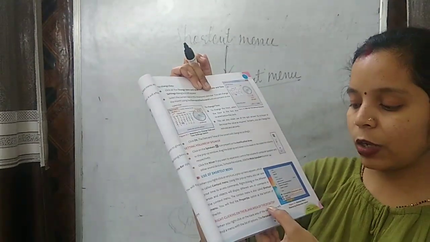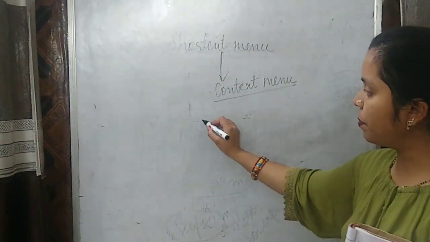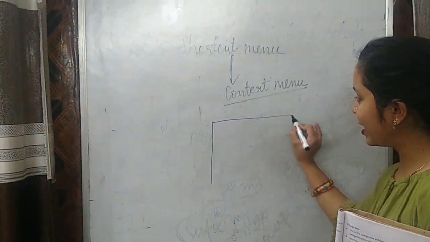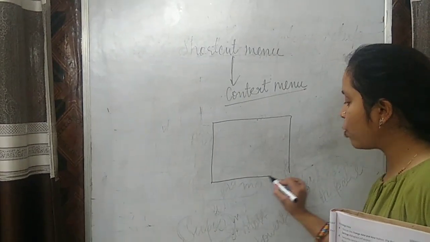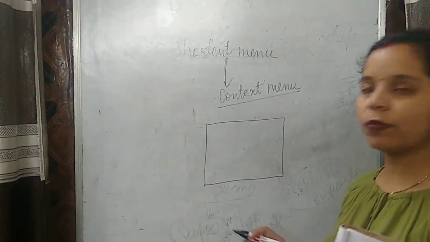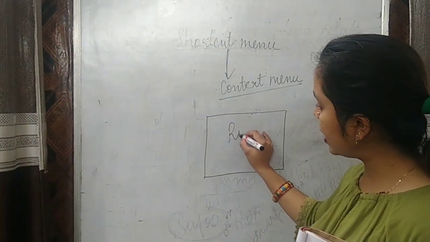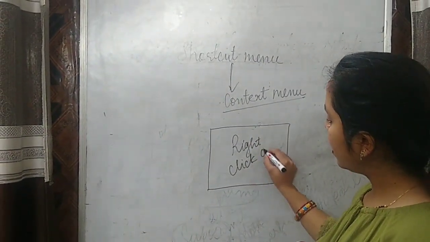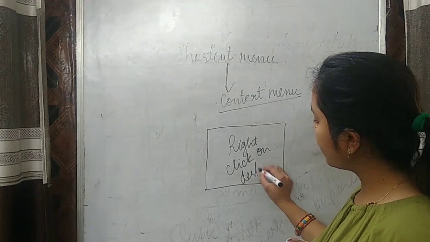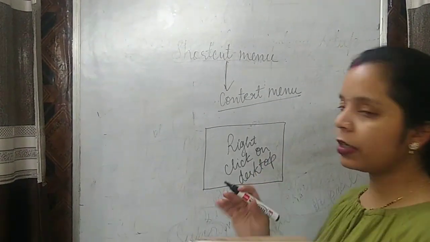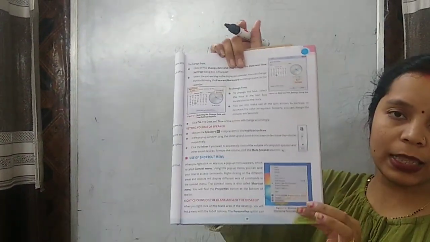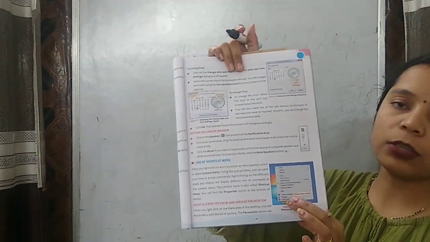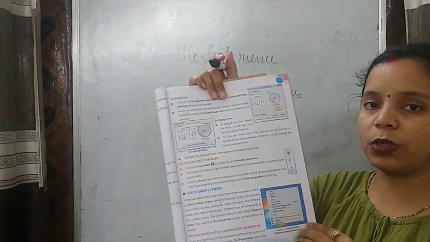Next is right clicking on the blank area of the desktop. Like if this is your desktop, when you right click on the blank area of the desktop, it will always show you a menu like this, and in this menu the last option will be the personalize option.